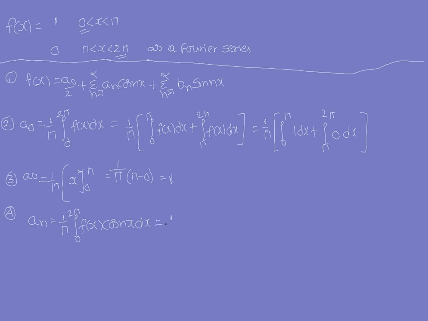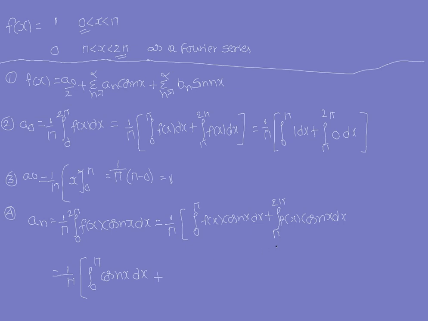So that is equal to (1/π) times this integral 0 to 2π, you can write it as the sum of the two integrals: ∫ from 0 to π of f(x) cos nx dx plus ∫ from π to 2π of f(x) cos nx dx. That is equal to (1/π) times: integral 0 to π, f(x) value is how much? 1. For integral 0 to π, therefore we are left with cos nx dx.